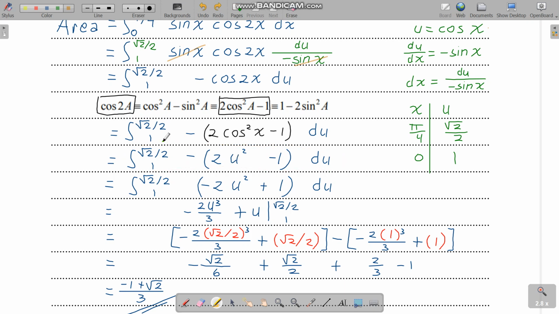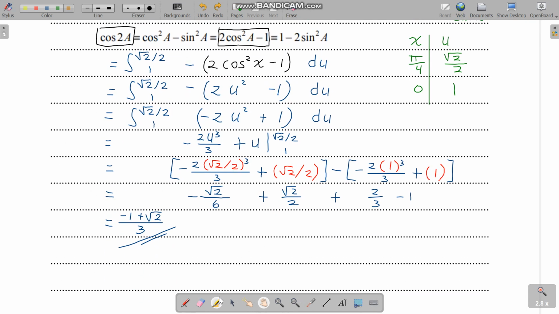We can integrate now. So we can start by distributing the minus times 2u squared, minus times minus 1, and then we integrate using the usual power rule. We bring the power down. We have u to the power of 3 divided by 3.